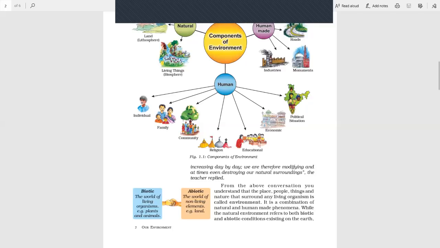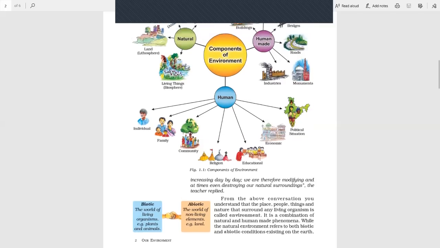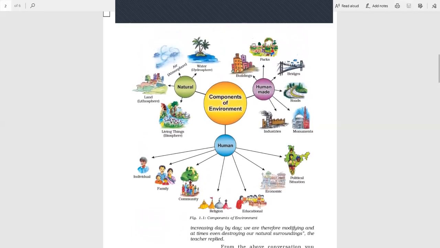Again, students, on page number 2, they have given components of environment. So now let's study the components of environment. Components of environment are natural, human, and human-made. In the natural environment, we have water, air, land, and living things.